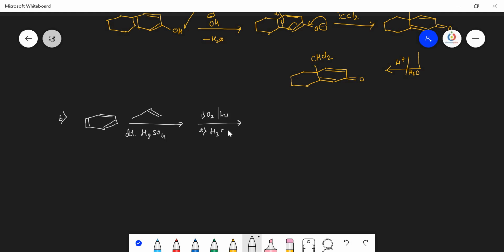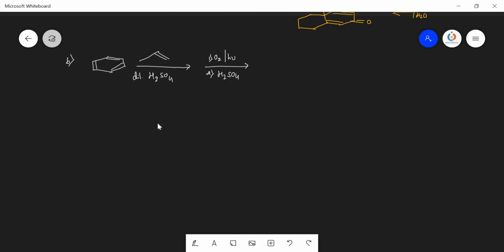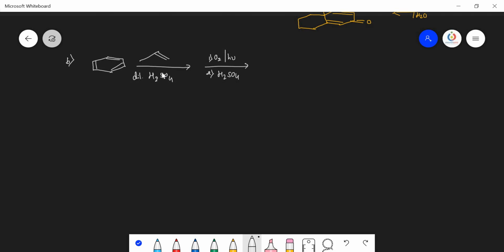The second one is again H2SO4. So we need to write down the two products over here. Directly I'll write the product after explaining the first step. The second step is not necessary to explain.